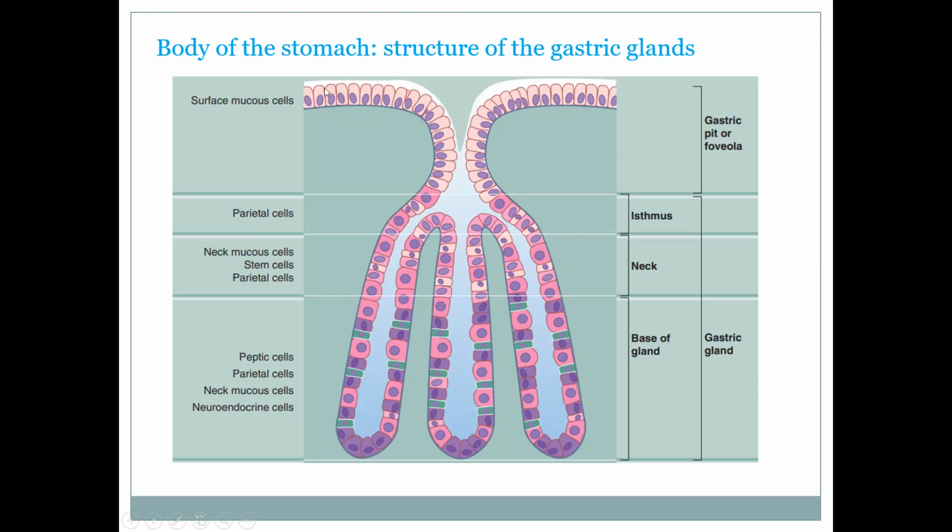The surface mucus is maintained at a higher pH than the gastric juice, so that it can protect the mucosa from self-digestion. The gastric juice secreted by the gastric glands is a watery secretion containing hydrochloric acid, so its pH is around 0.9 to 1.5. It also has the digestive enzyme pepsin.